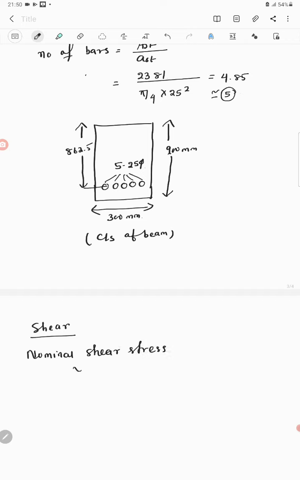Okay. So let's calculate the nominal shear stress. As per code, this is denoted as tau v, which is equal to Vu by bd. First we need to find out the nominal shear force, that is Vu. So this is a simply supported beam. Okay, so if you draw the shear force diagram, it will be like this.